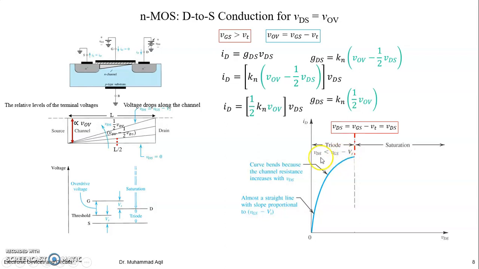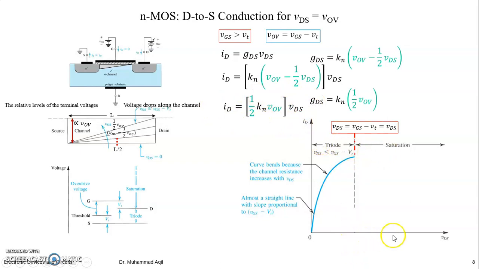VDS was small, in millivolts, and is further increased, but before the point where pinch off occurs, where VDS equals VOV, that is, VGS minus VT. Before that, VDS is less than VGS minus VT or VOV. At this point, pinch off occurs and your current saturates, and now your formula is this one.